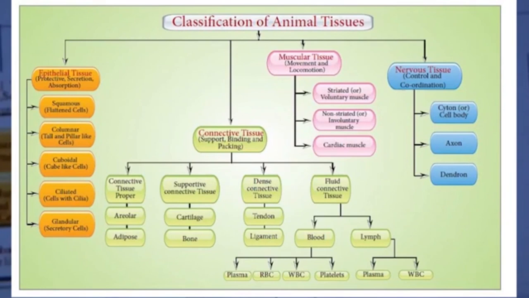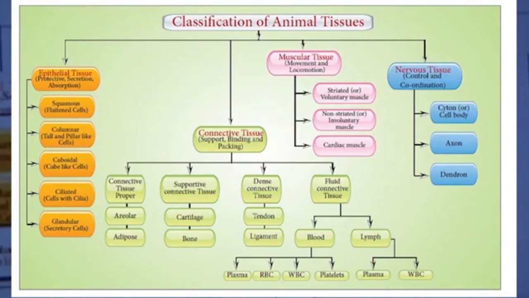Right? Next one is about connective tissue. It is further classified into connective tissue proper, supportive connective tissue, dense connective tissue, and fluid connective tissue. Connective tissue proper has fibers and muscular nature. Then supportive connective tissue, the fibrous connective tissues which give strength and support, are included under it.